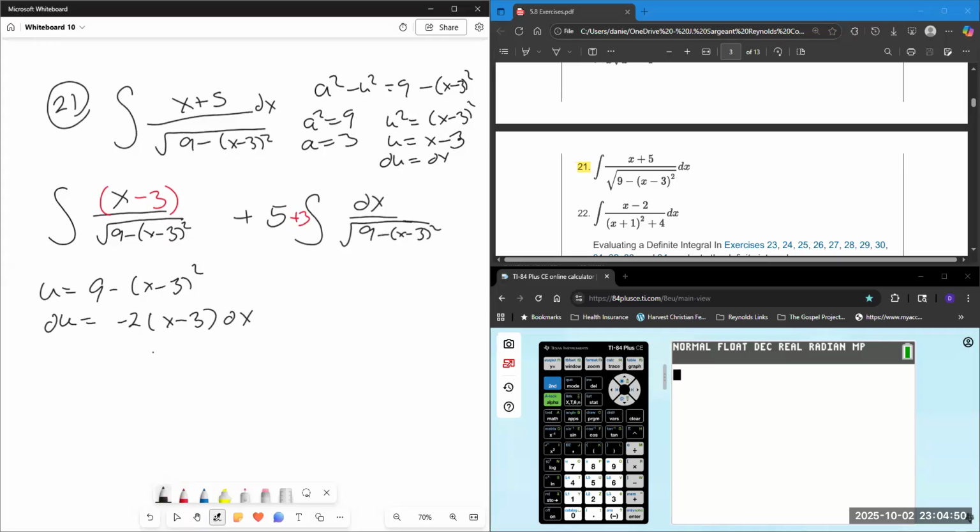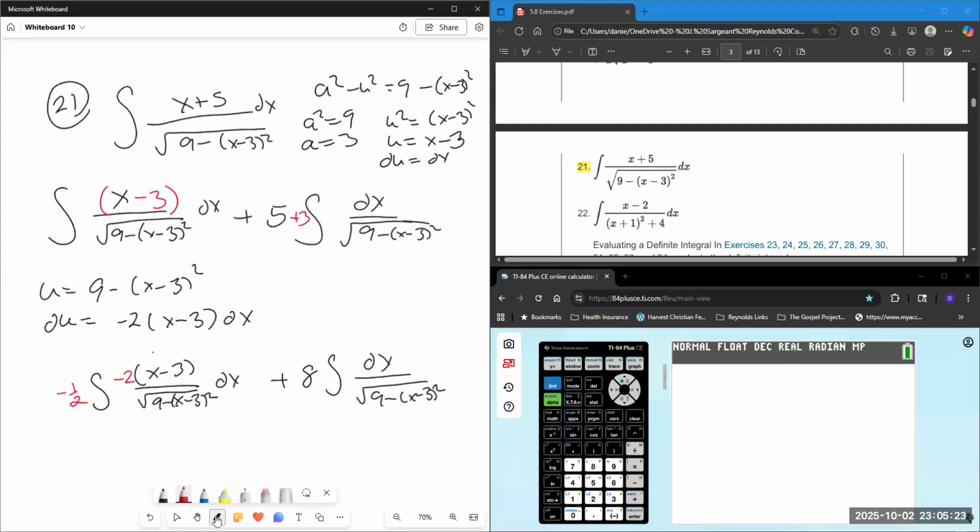So that's going to change this into integral of x minus 3 over root 9 minus x minus 3 squared dx plus 8 integral dx over root 9 minus x minus 3 quantity squared. And now I need to make a negative 2 constant multiplier and a negative 1/2 constant multiplier out front.